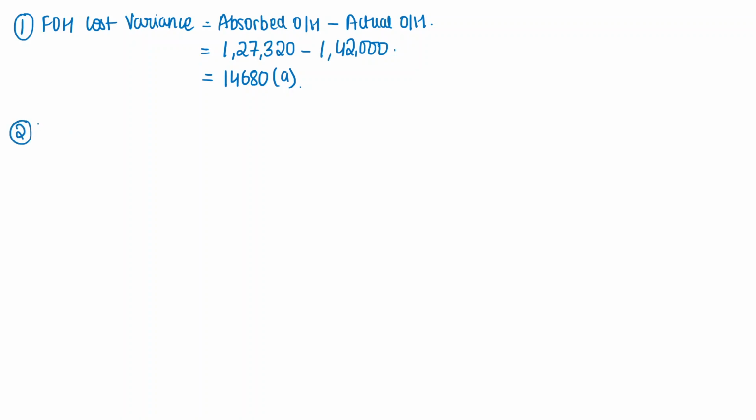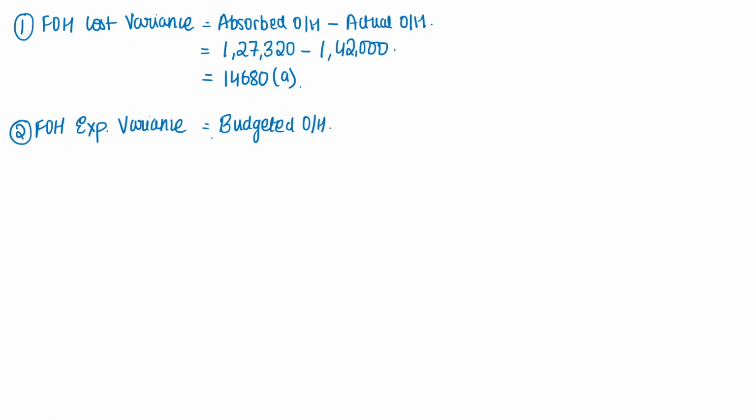Second, fixed overhead expenditure variance. How much expenditure you were supposed to do and how much expenditure you actually did. You were supposed to do an expenditure of budgeted overheads, correct?